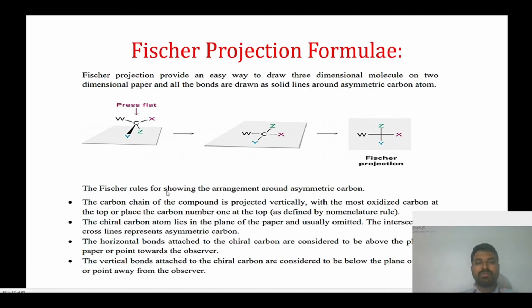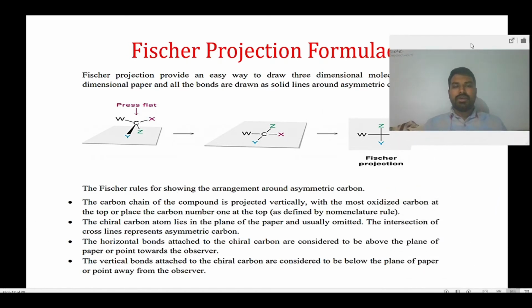The Fischer rules for showing the arrangement around an asymmetric carbon atom: the carbon chain of the compound is projected vertically with the most oxidized carbon at the top, the carbon number 1 at the top as defined by the nomenclature rule. The chiral carbon atom lies in the plane of the paper and is usually omitted. The intersection of cross lines represents the asymmetric carbon.